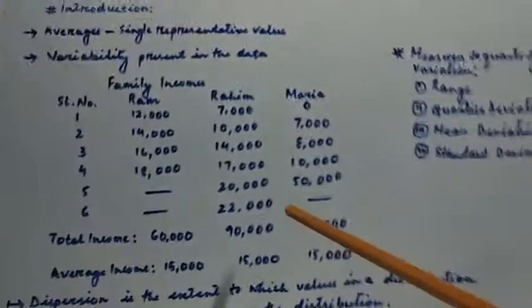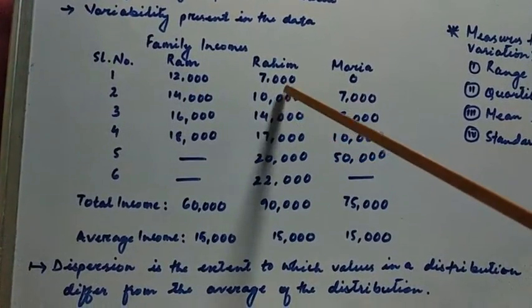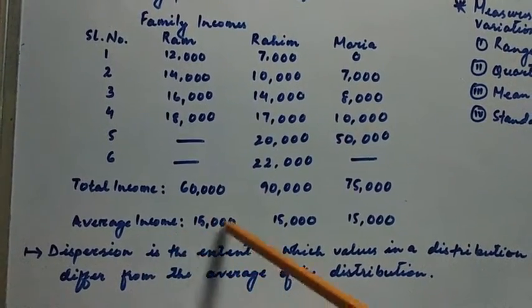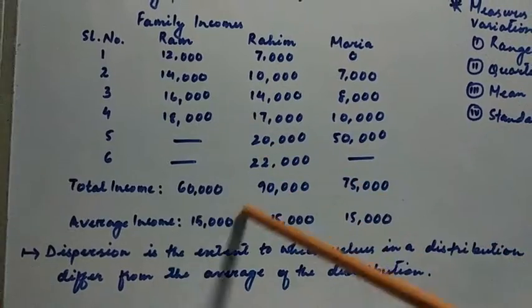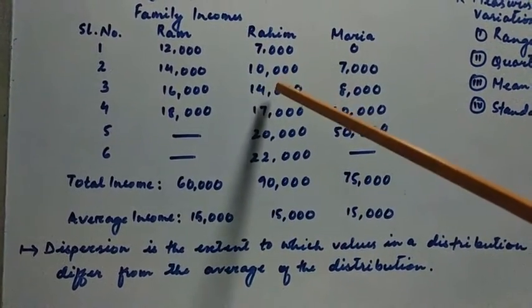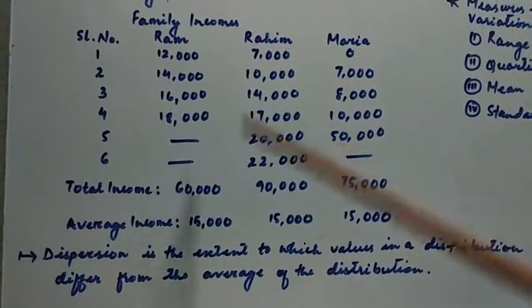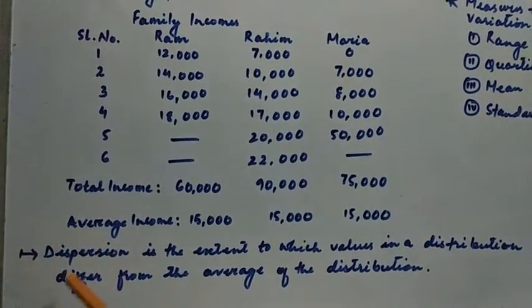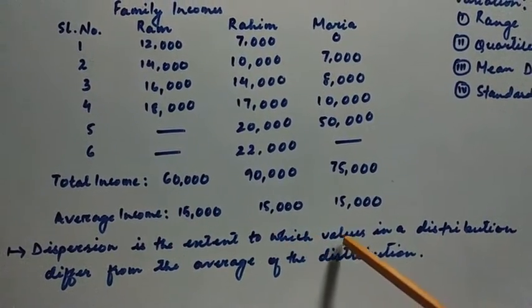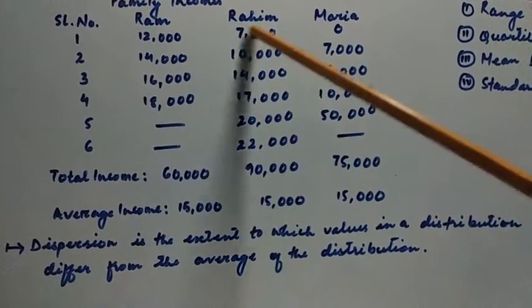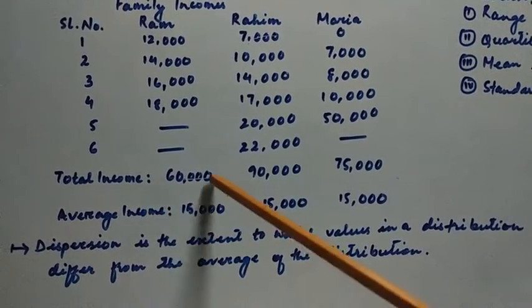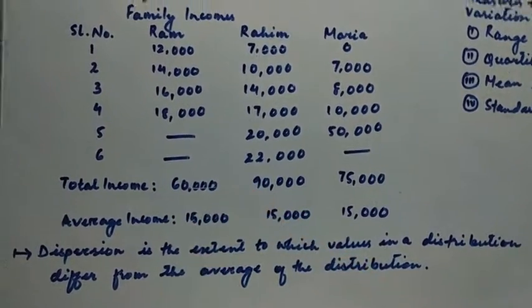The difference between the average income and the values given in the distribution is the dispersion.